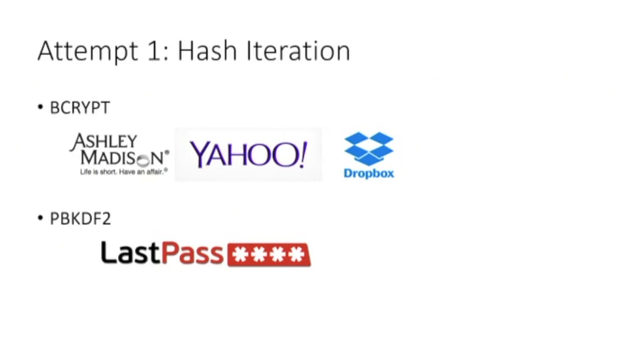Well, one attempt that's actually been tried, and to Yahoo's credit, they actually started using bcrypt. Instead of using the SHA-256 hash function or some other hash function, you compute it once, and then you apply the hash function to that hash value, and you iterate many times.